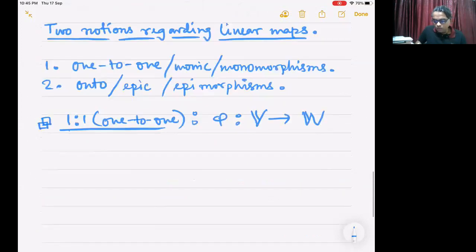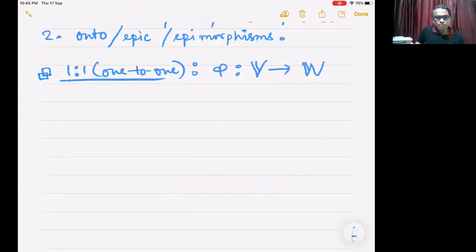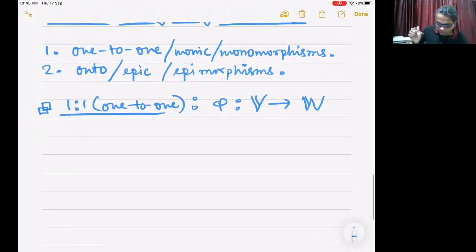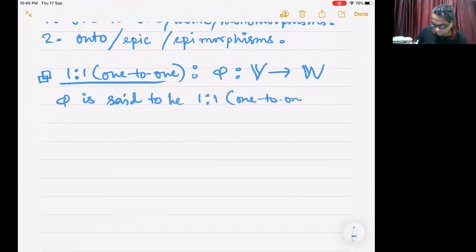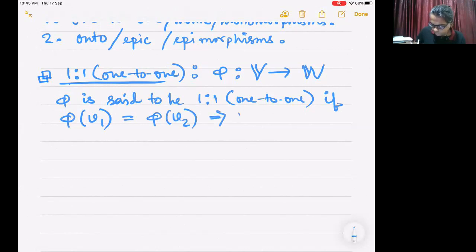All right. Now, coming to one-to-one maps. So what are one-to-one maps? One-to-one, as the name suggests, phi is said to be one-to-one if phi v1 equal to phi v2 would imply v1 is equal to v2, right?